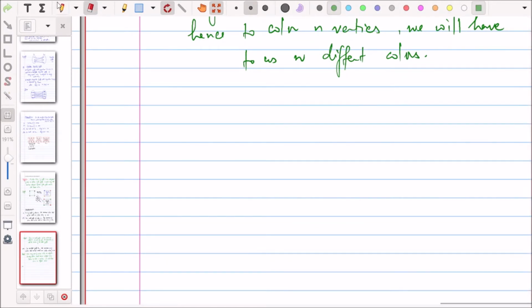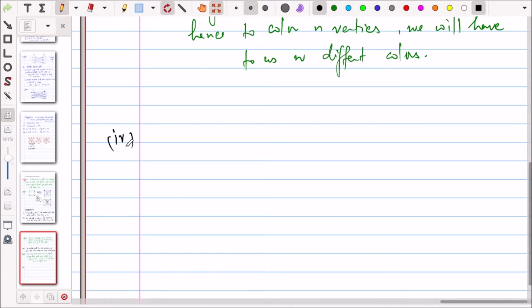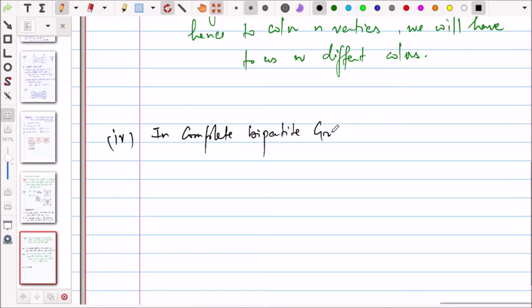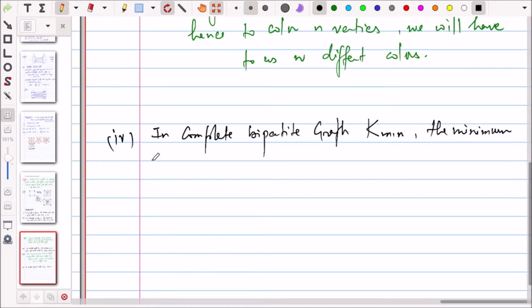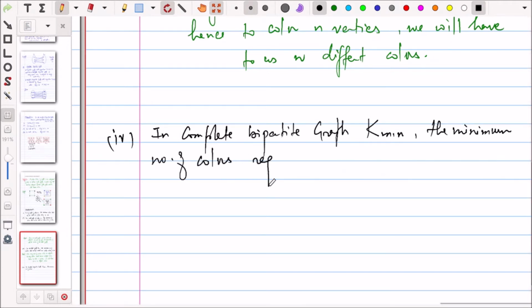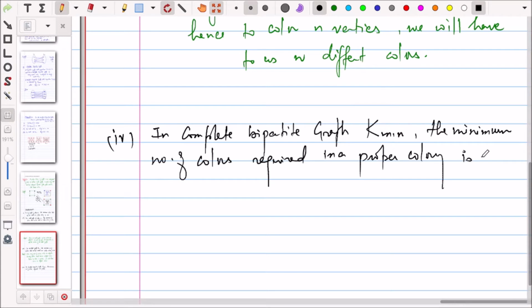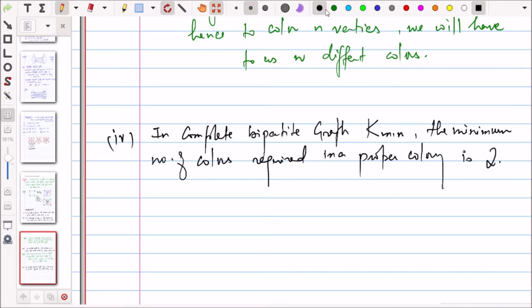What about complete bipartite graph? In complete bipartite graph Km,n, the minimum number of colors required in a proper coloring is कितना होगा? Two. Why? अब रीजन सोचो क्या होना चाहिए?